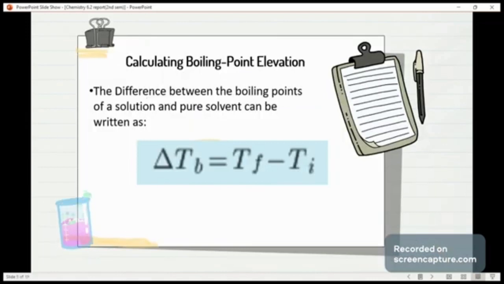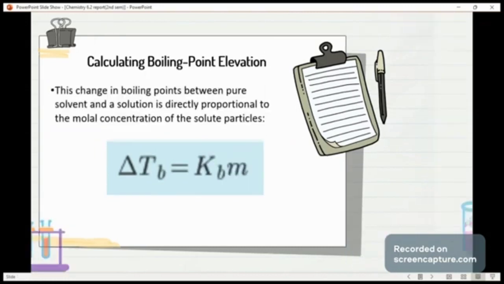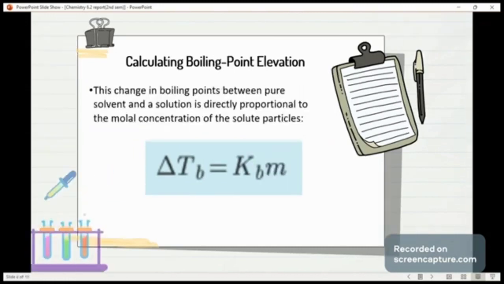When it comes to calculating boiling point elevation, this is the equation we use. The difference between the boiling point of a solution and a pure solvent can be written as delta T equals Tf minus Ti. In calculating the boiling point elevation, we have this equation.